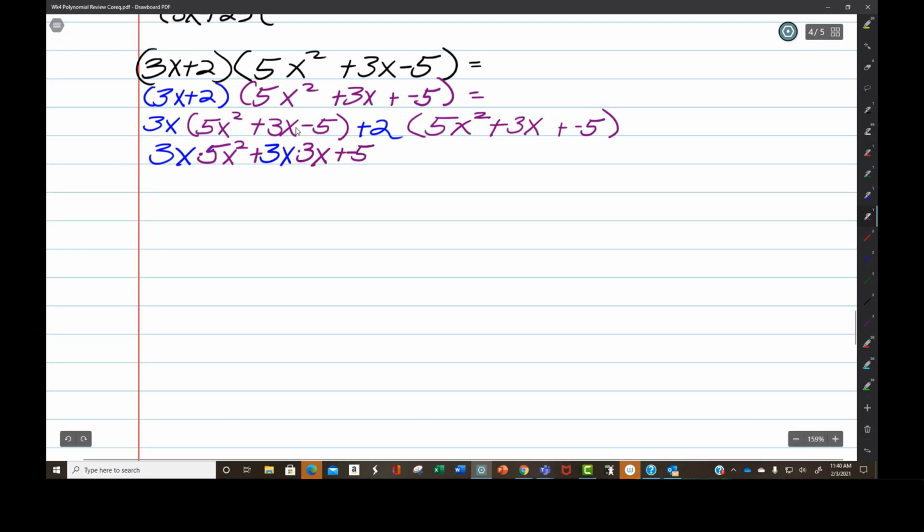That's what I should have done. I should have put the plus in there. Good. All right, plus negative 5 times 3x. So 3x gets multiplied by 5x squared plus 3x and plus negative 5. It gets multiplied by all three of those terms. Now the plus 2 is going to get multiplied by each of these terms.